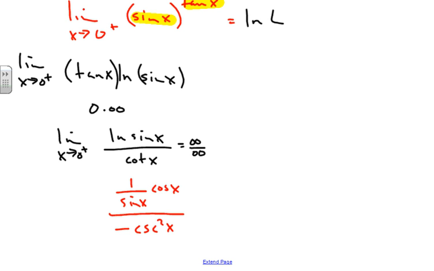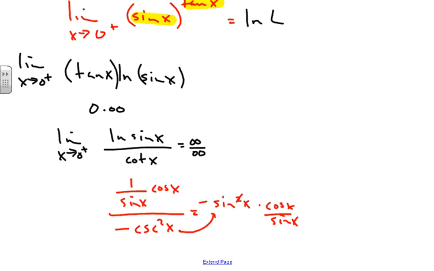We will rewrite this a little bit because it can be simplified. We're going to have sine squared of x, because 1 over cosecant squared is sine squared, and the negative stays. And then we have times cosine of x over sine of x.